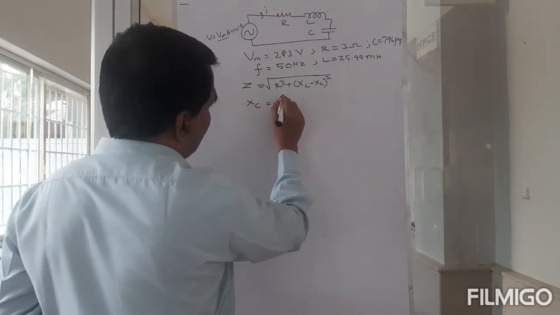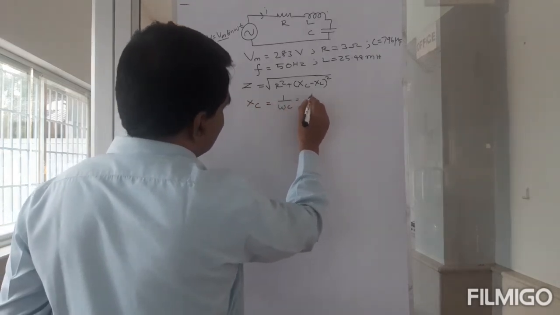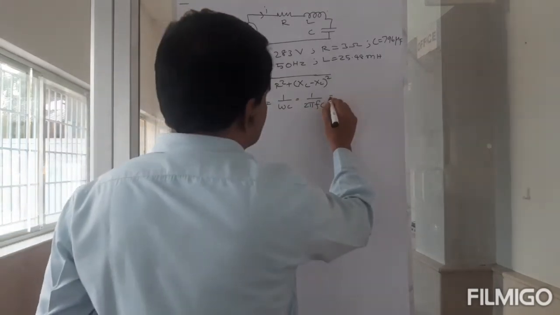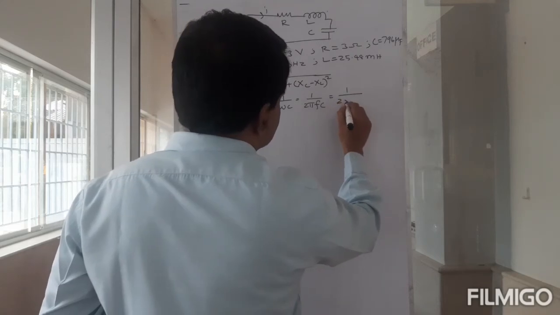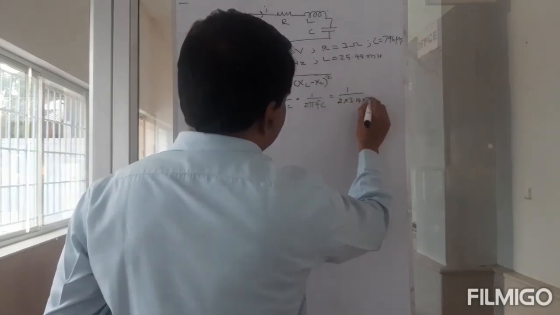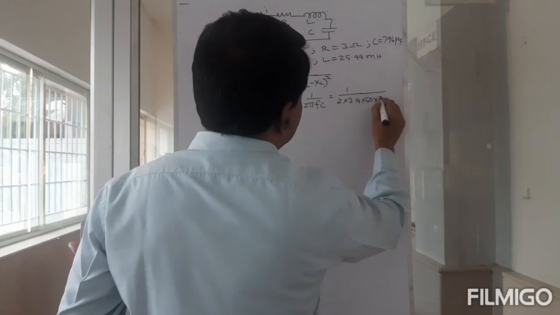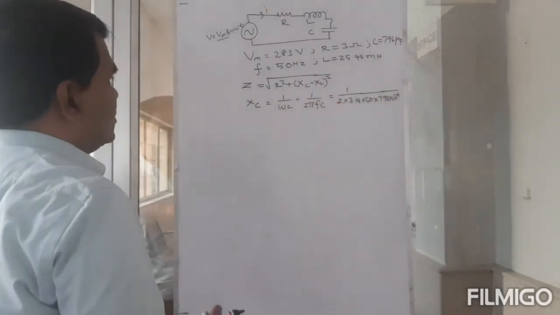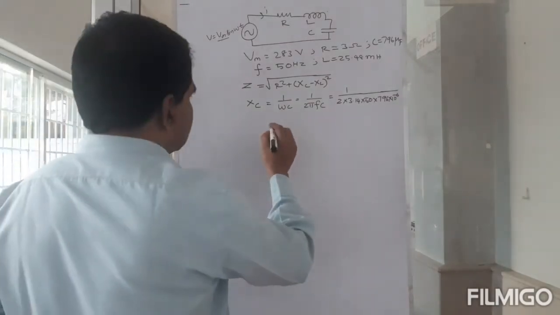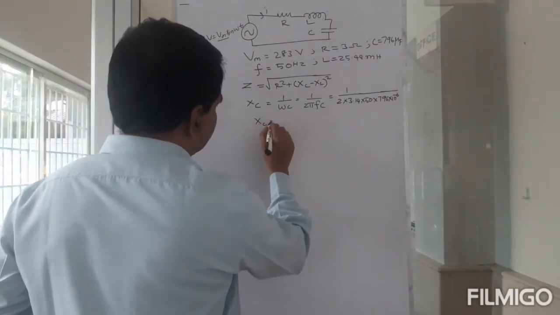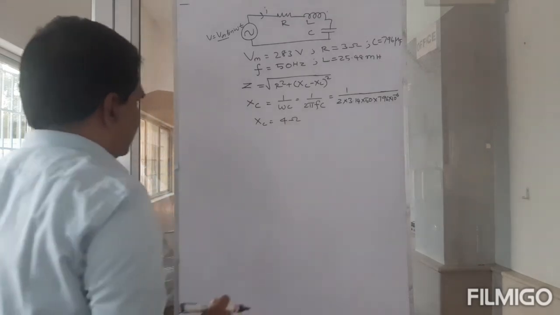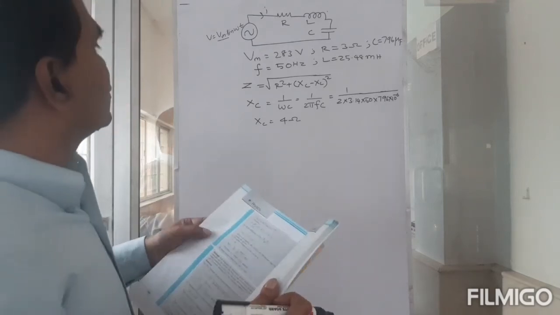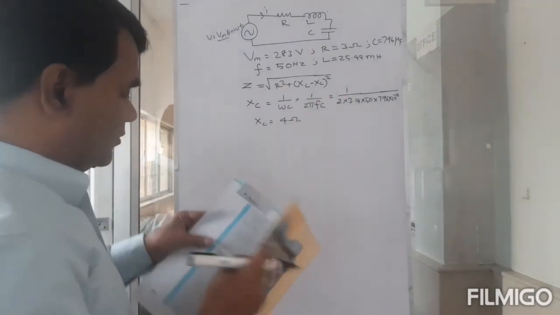XC is 1 by omega C or 1 by 2 pi f C. So that is equal to 1 divided by 2 into 3.14 into 50 into 796 into 10 power minus 6. If I put this all there, then I'm going to get this value. XC is equal to 4 ohms as per your textbook. I have not checked it, I trust that it is correct. So 4 ohms is what you get for your XC.